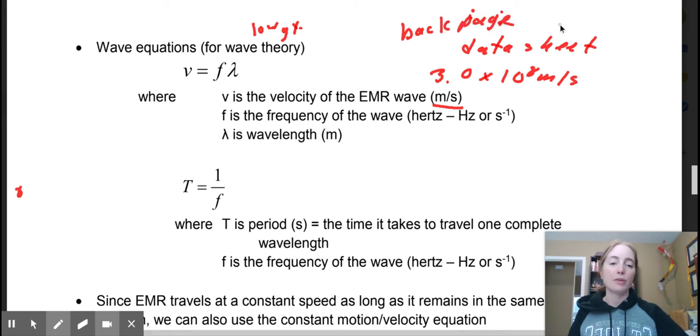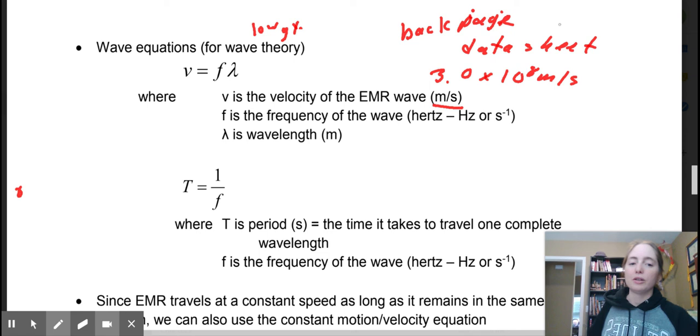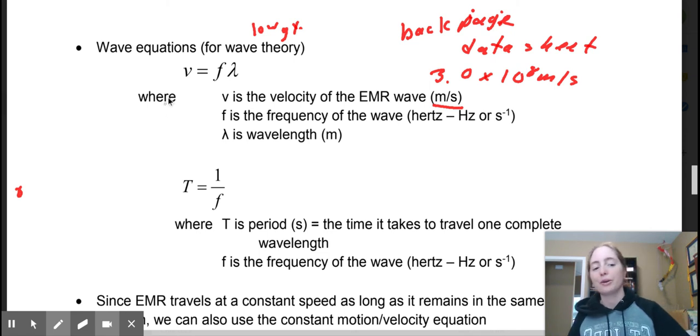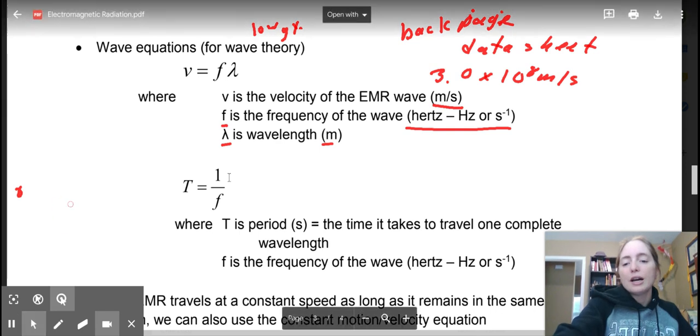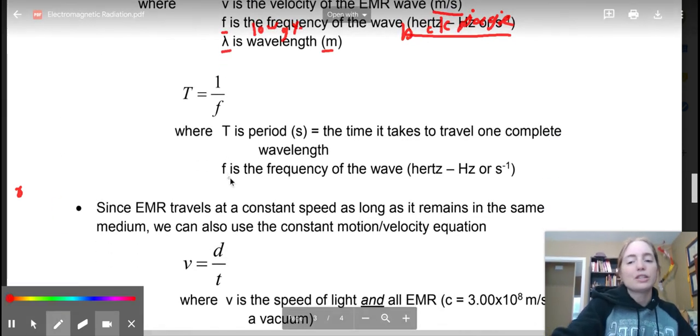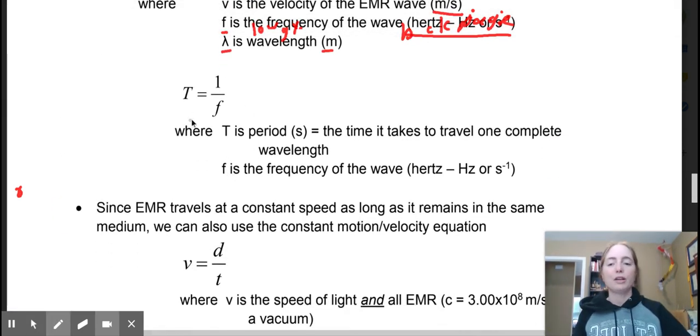If anyone has taken Science 30, then you will have absolutely already worked with this equation. Okay, now F is your frequency in hertz or seconds to the power of -1, and lambda is your wavelength in meters. Okay, it's a pretty easy equation. This equation, our next one here, this is one that we looked at last year, so I hope this looks familiar to you.